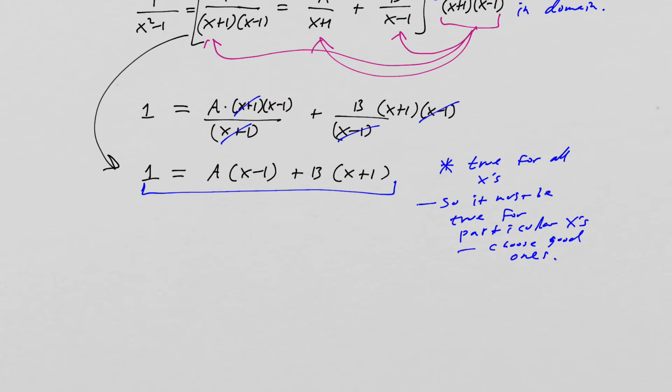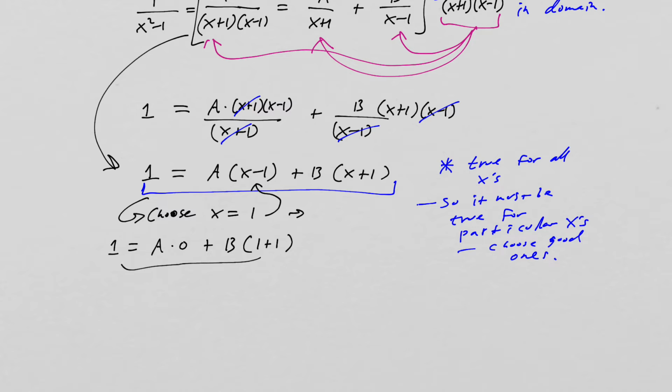All right, well, I hope you've guessed it. If not, let me just show you where we're going with this. Let's choose x is equal to 1. I'm choosing that because when I plug it in here, I get a times 0. We get 1 is equal to a times 0 plus b times 1 plus 1.